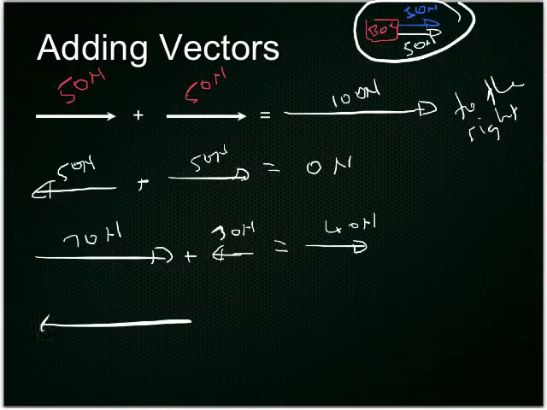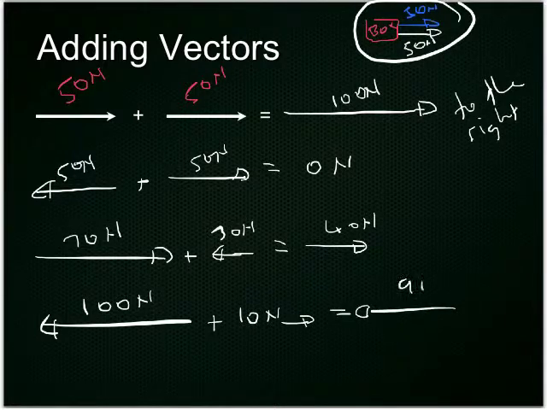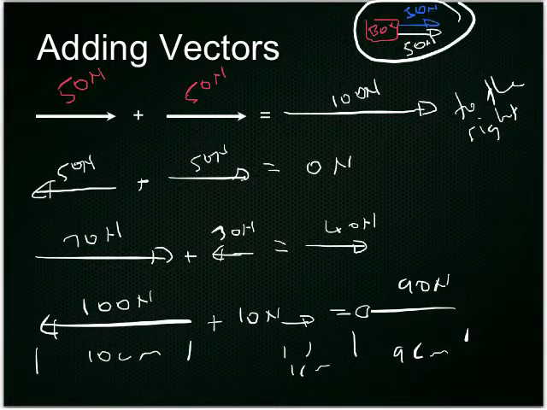Or you could get 100 newtons to the left plus 10 newtons to the right, and that will give you 90 newtons to the left. You could actually measure this. This could be 9 centimeters, this could be 1 centimeter, and that could be 10 centimeters, and essentially you got 10 plus negative 1 makes 9 centimeters.